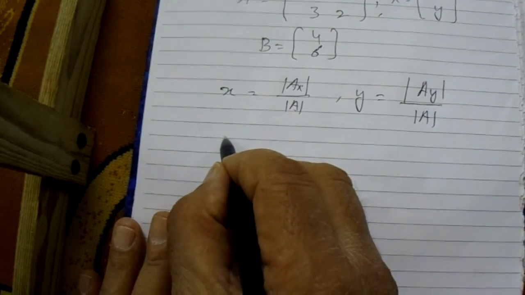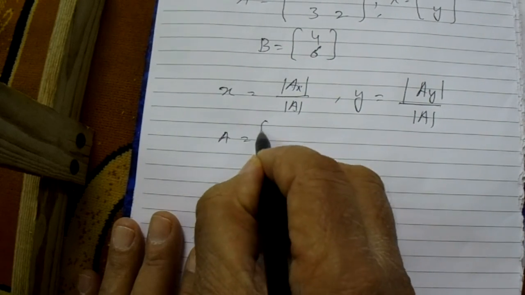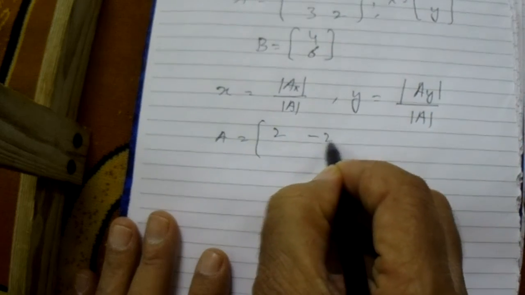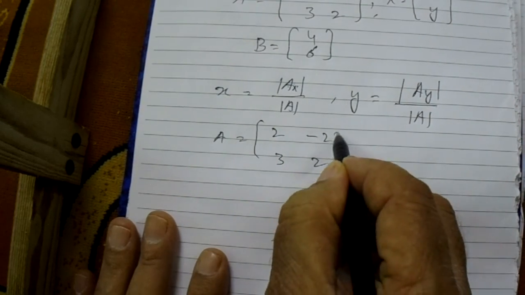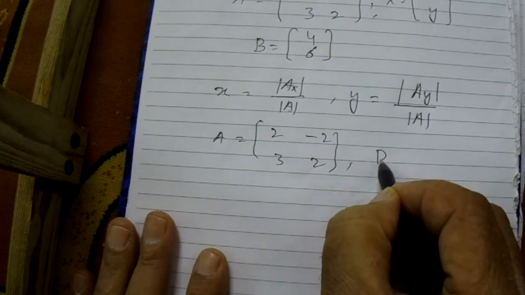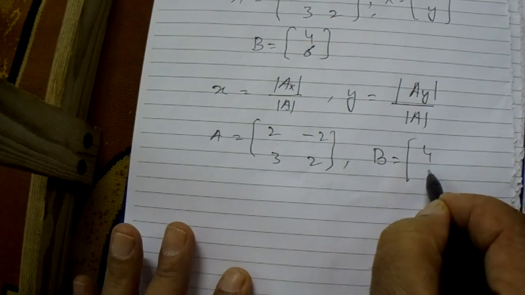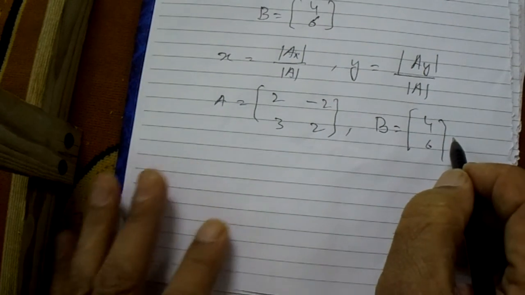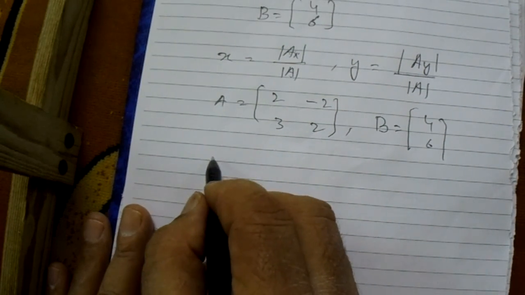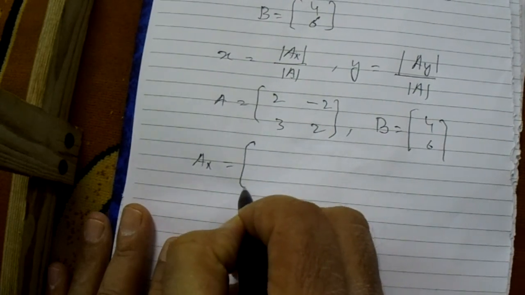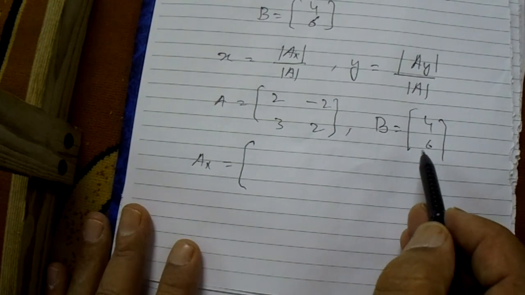Now we write the A matrix again, 2, -2, 3, 2. Now this is our matrix A. Now I write here the B matrix, which is 4 and 6. Now we find AX. First we write the AX matrix. How to find the AX matrix?